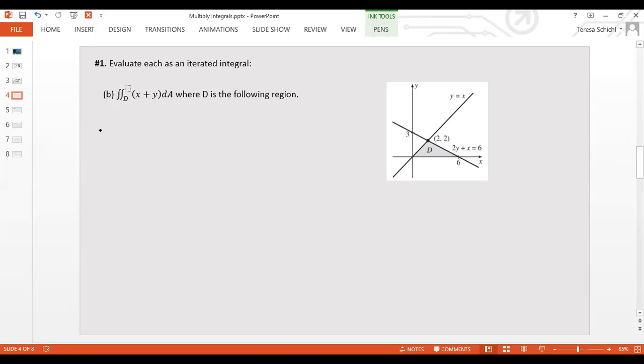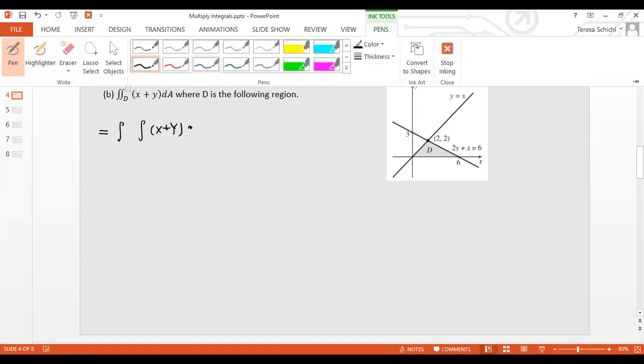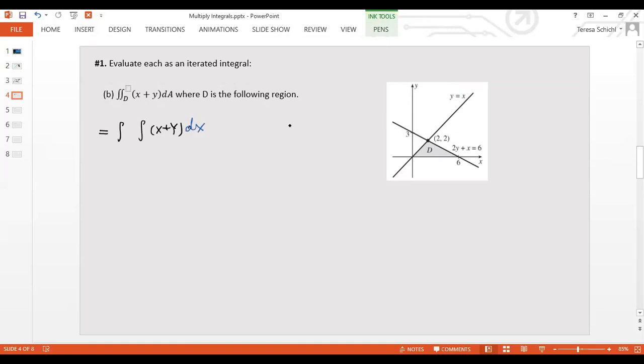So I can write this as x plus y dx. We decide we're going to do dx first because it's from the x direction, so this one's easier. This one starts from y equal to x, so my lower bound is y.